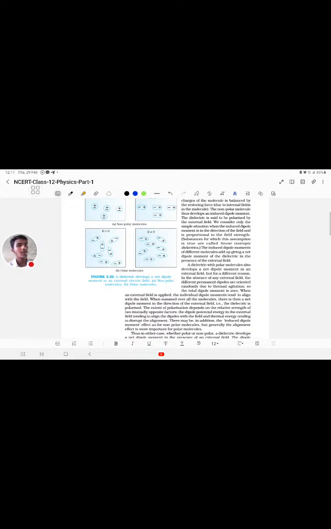So a dielectric with polar molecules also develops a net dipole moment in an external field, but for a different reason. In the absence of any electric field, the different permanent dipoles are oriented randomly due to thermal excitation, so the total dipole moment will be zero. When an external field is applied, the individual dipole moments tend to align with the field, and summed over all the molecules, there is a net dipole moment in the direction of the external field, that is, the dielectric becomes polarized.